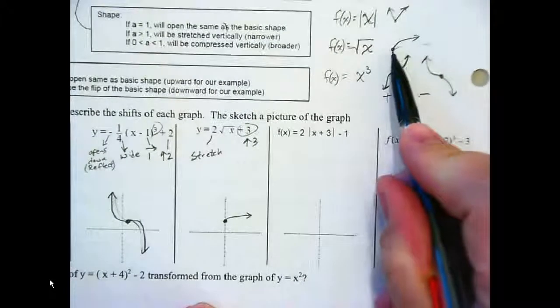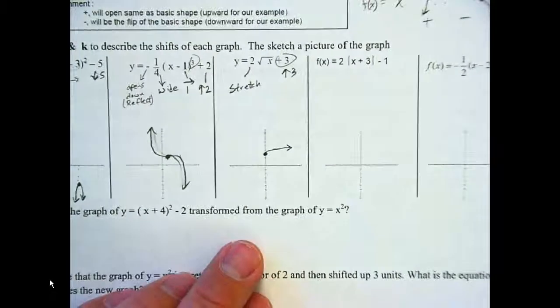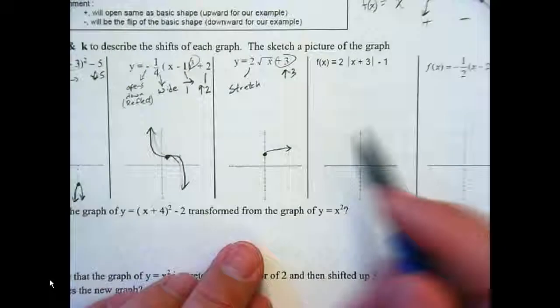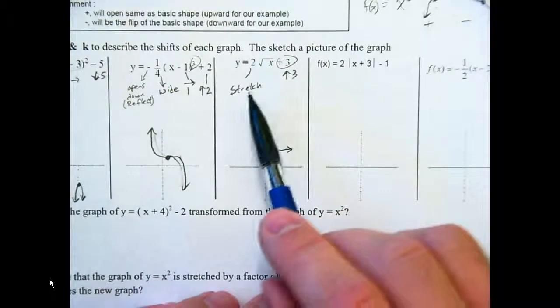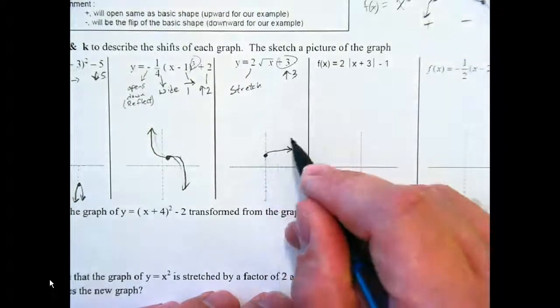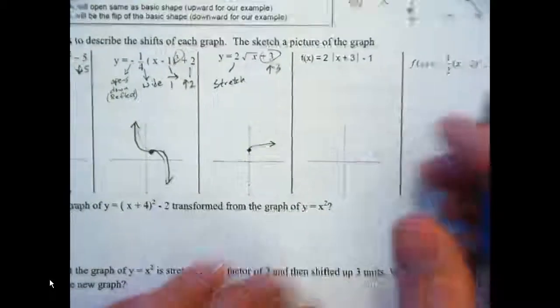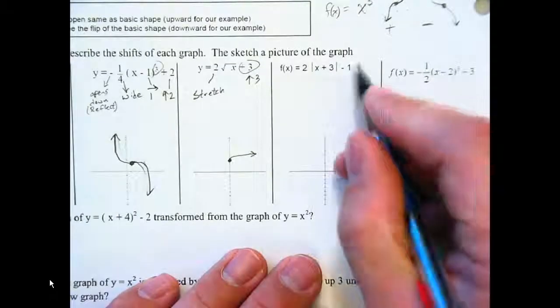Okay, so rather than kind of gradual, we go really fast to the right. Now, on this case right here, if it was less than 1, it would have to go up slower. It'd be a little wider. I like this. You don't have to be exact. We're just kind of guessing here.